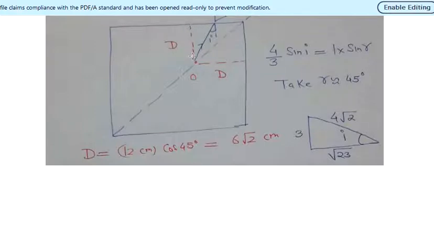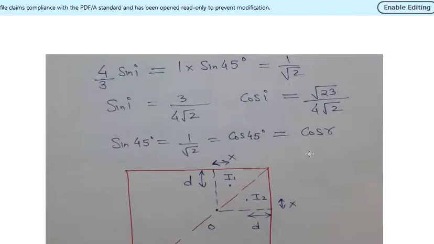The depth capital D will be 12 cm cos 45, that is 6 root 2 centimeters. So here we have the calculation. 4 by 3 sin i is 1 into sin 45 equal to 1 by root 2. Sin i is 3 by 4 root 2 and cos i is root 23 by 4 root 2. Sin 45 is 1 by root 2 equal to cos 45 and that is cos r.